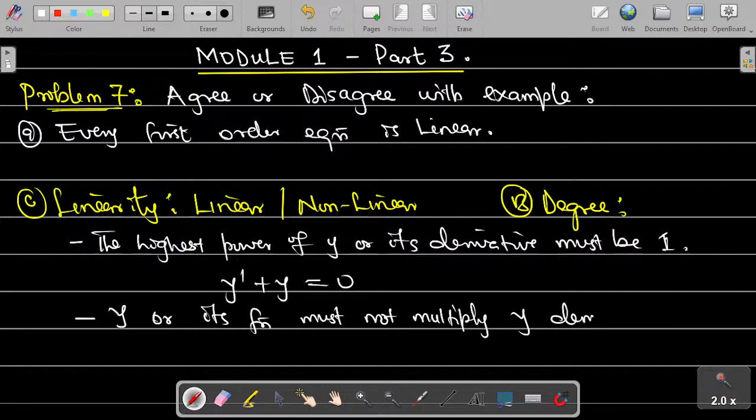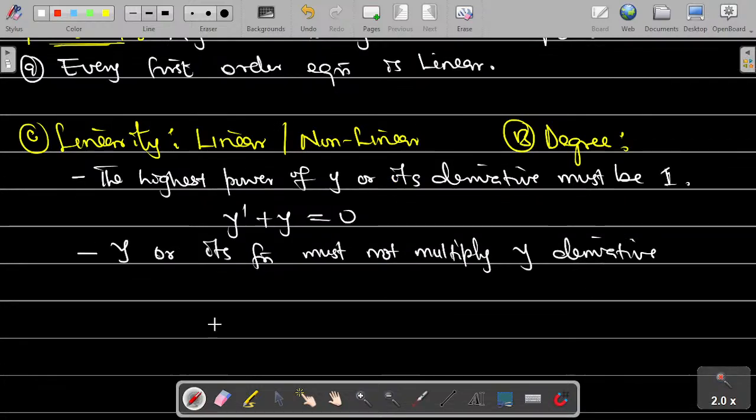If you have an equation where, say, you have something like y prime prime plus y y prime, maybe minus 2y equal to 0, you can see that this is not linear because there is a product of y and a derivative of y. Or let's assume you have something like 2y here. So 2y now is a function of y multiplying y prime.